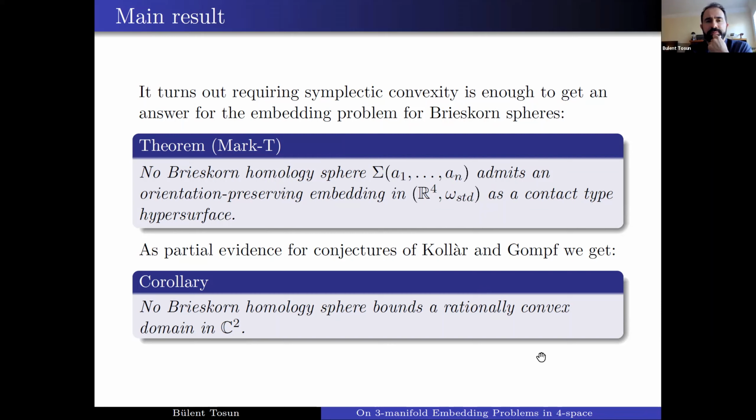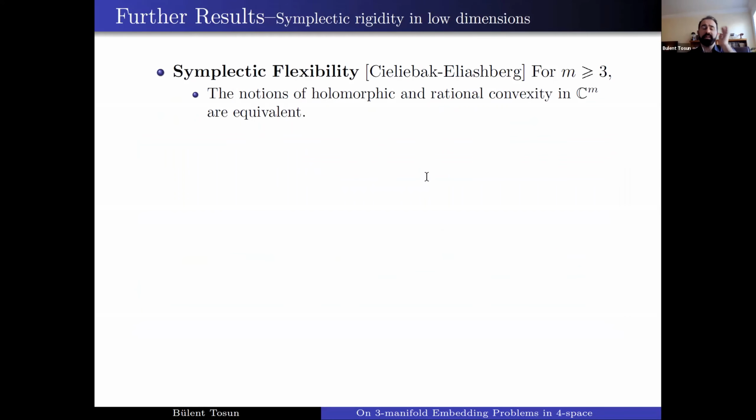So here are some more results, in particular comparing with what is happening in higher dimensions. You can think about rational convexity or rationally convex domains in CM as well. And this is a recent result of Cieliebak and Eliashberg: if you're in complex dimension 3 and above, holomorphic and rational convexity are equivalent notions. There is no distinction. And in particular, you can obtain many diffeomorphism classes of contact type hypersurfaces in R2M with the standard symplectic structure.